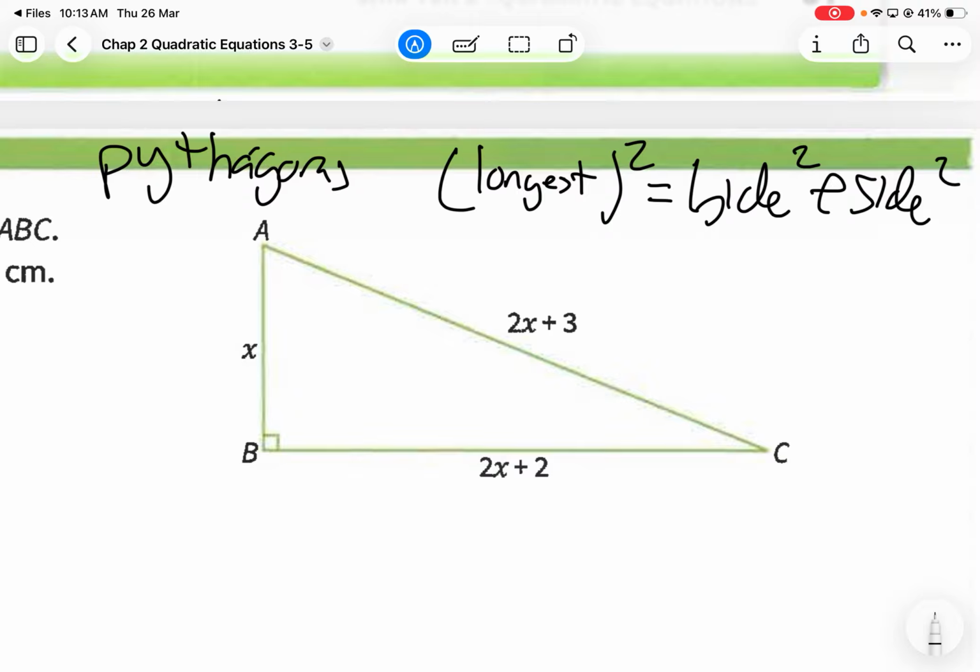In this case, B is the longest. No, I thought the longest is C. Supposed to be C. The naming is always, if this is B, this one is B. Opposite. Yes, that's why I don't remember by alphabet. I'm just telling you, don't need to remember by alphabet.